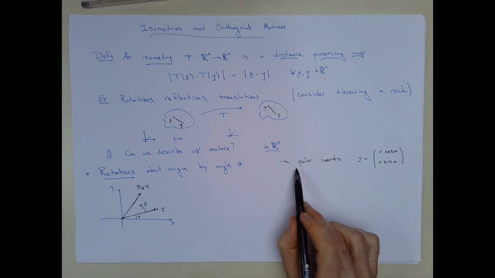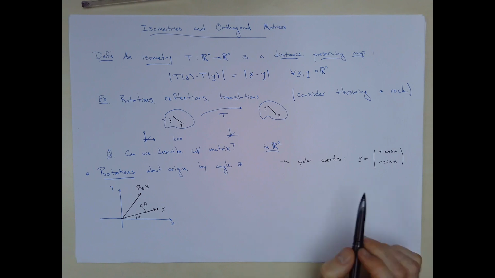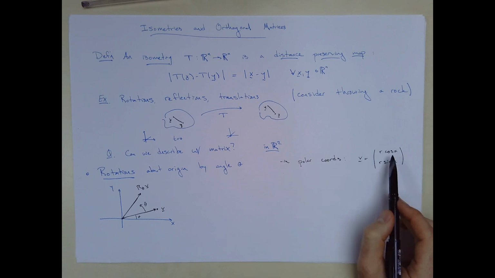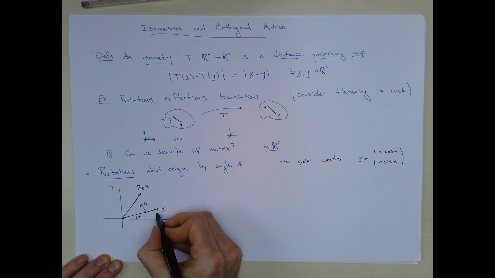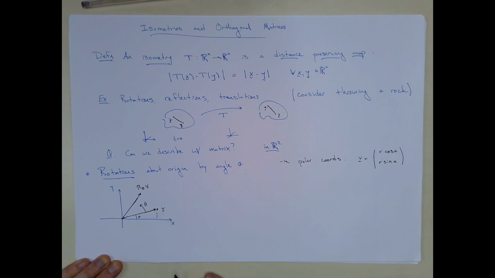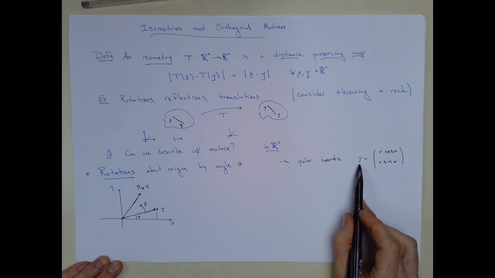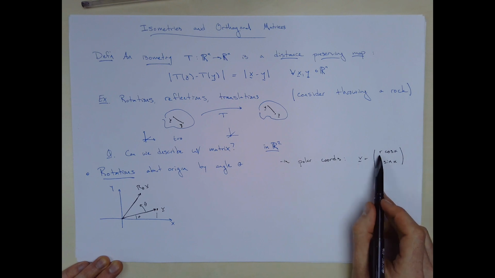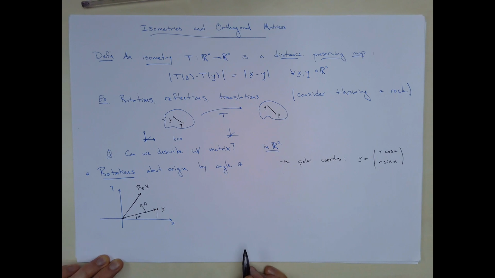In fact, if you haven't encountered polar coordinates yet, don't worry about that. This is just the trigonometry of this triangle here. So that's a generic representation, in terms of a radius and an angle, of a point in the plane.